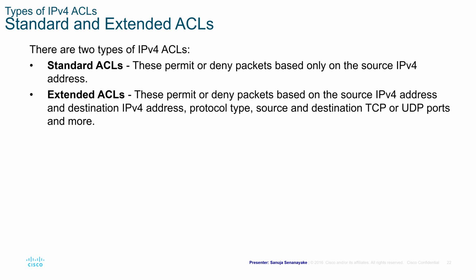The standard ACLs permit or deny packets based only on the source IPv4 address, while the extended ACLs, remember, permit or deny packets based on the source IP address and the destination IP address, protocol type, source and destination UDP or TCP ports and more, because extended ACLs can operate on both layer 3 and layer 4 levels, right? Remember that.